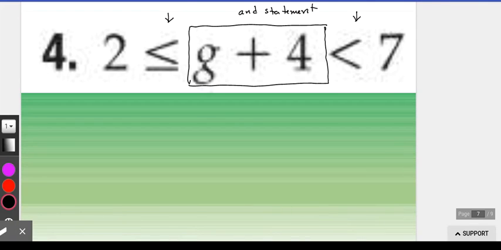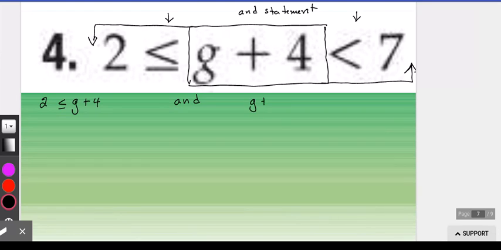The first problem goes with the left side. So I have 2 is less than or equal to g plus 4. And the second one uses the middle and the right side: g plus 4 is less than 7. And I solve this.